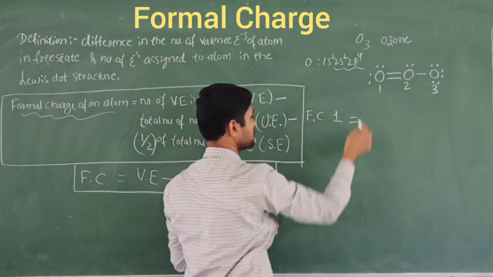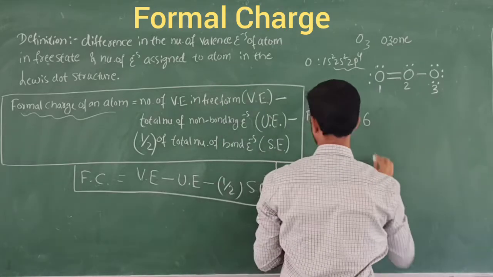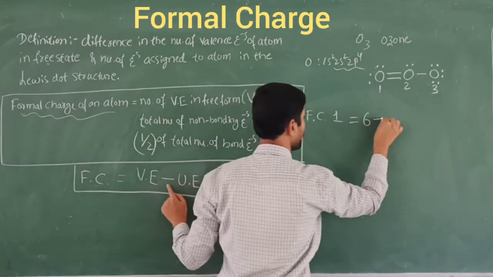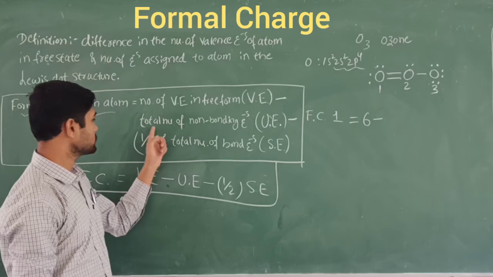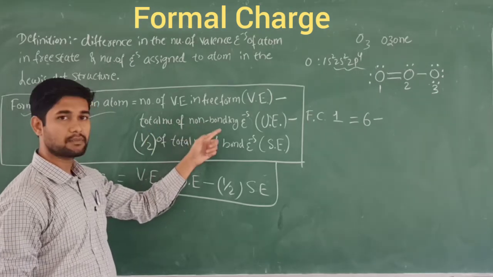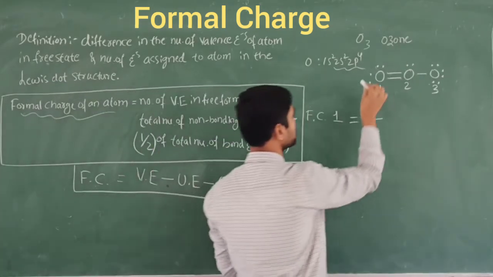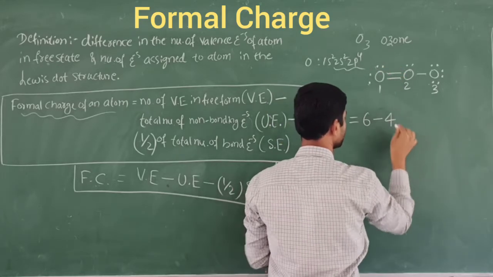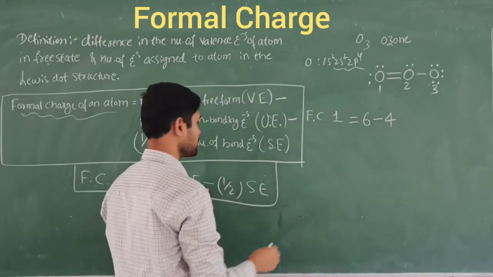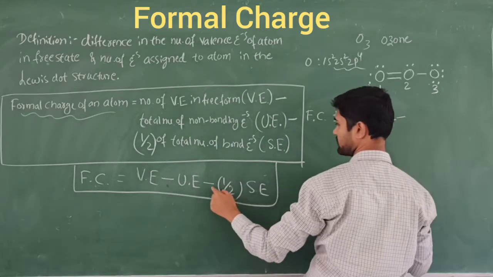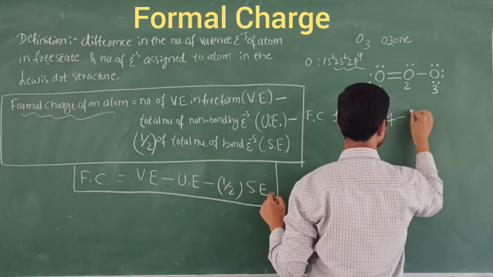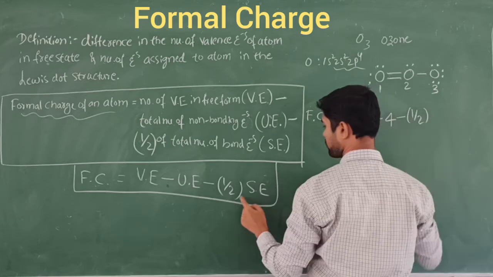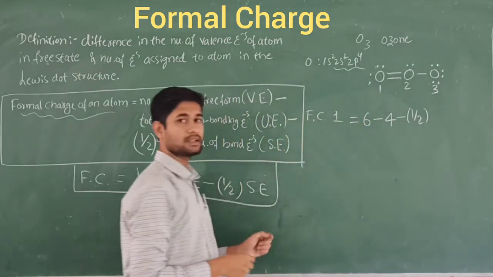That is 6 valence electrons, minus the unshared electrons, that is the total number of non-bonding electrons, meaning lone pair electrons. How many are there? 1, 2, 3, 4. I am going to subtract 4. Then minus, according to the formula, half of the shared electrons.